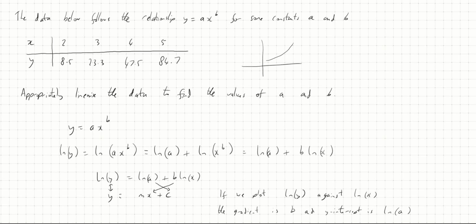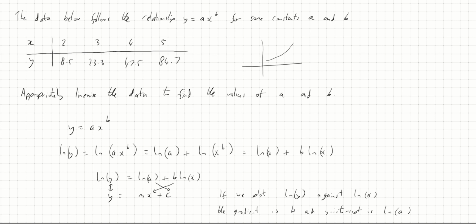Now, obviously, this only works if this relationship really is y equals ax to the power of b. But if the relationship really is y equals ax to the power of b, if we plot log y against log x, we should get a straight line. So that's what we're going to do.